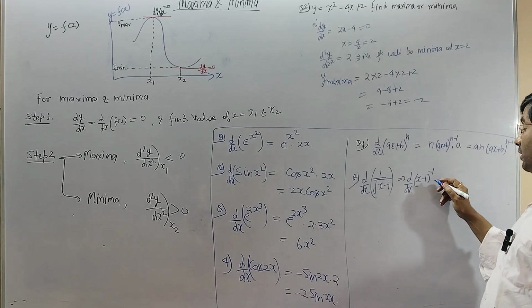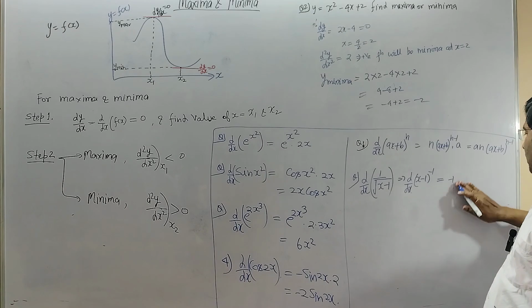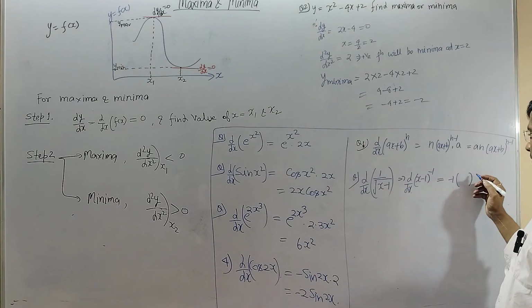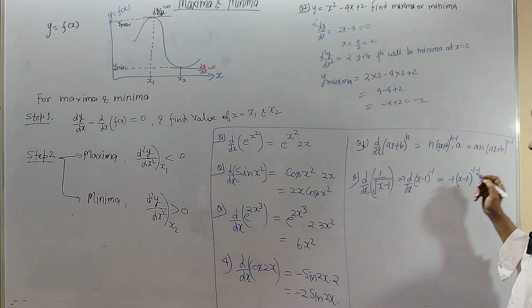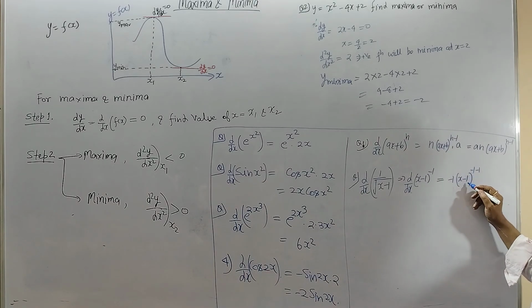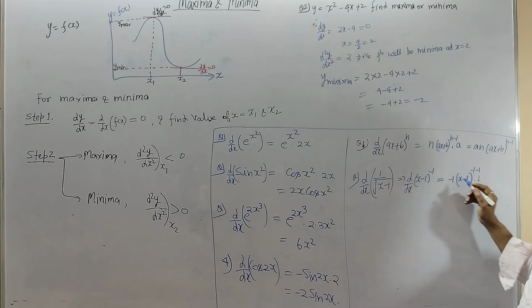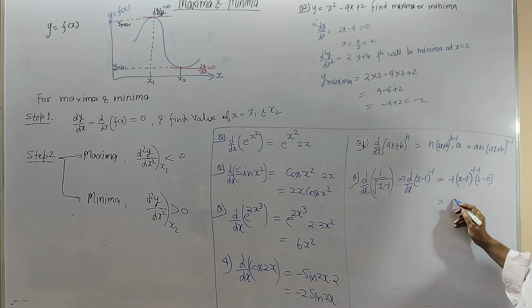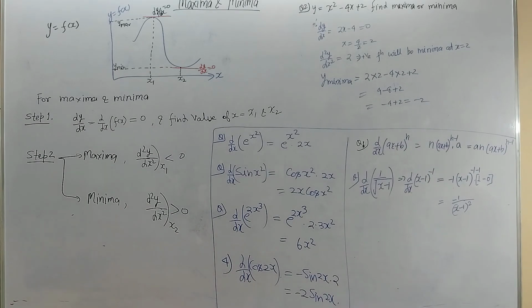So what is differentiation? n into x to the power n minus 1, so x to the power minus 1 gives minus 1 into x minus 1 to the power minus 2. So this is not x, this is x minus 1. But if there is anything other than x, once again we'll differentiate, it will be only 1. Differentiation of x is 1, differentiation of 1 is 0. So I'll get here minus 1 upon x minus 1 whole square. Okay, so this is how we can differentiate.